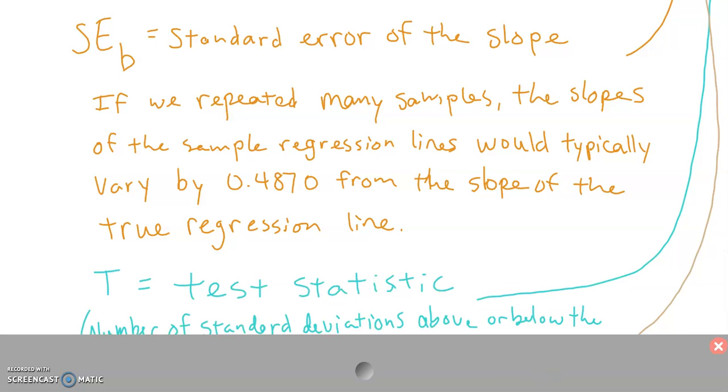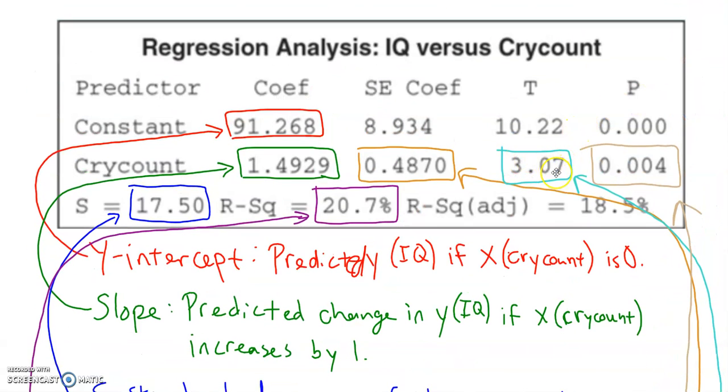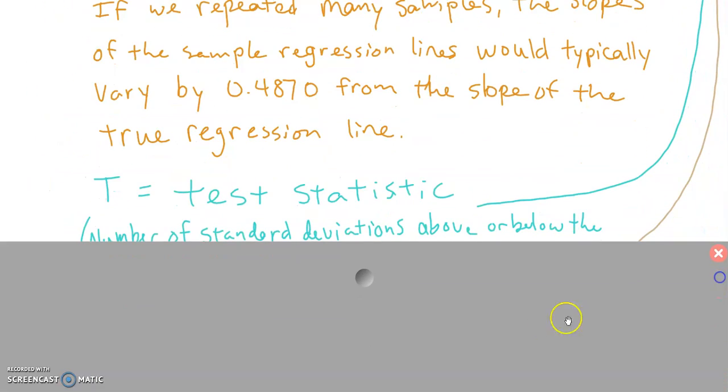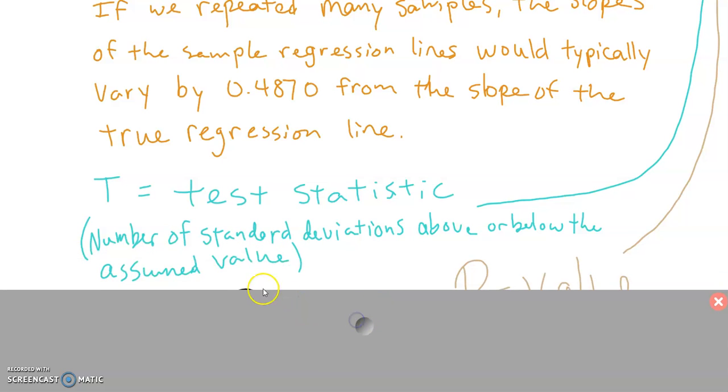Alright, and then the next number we're going to look at is this number right here, 3.07. You can see that's under the letter T, and that is the test statistic. What a test statistic does in general is it measures the number of standard deviations above or below the assumed value. In this case, the assumed value would be 0.